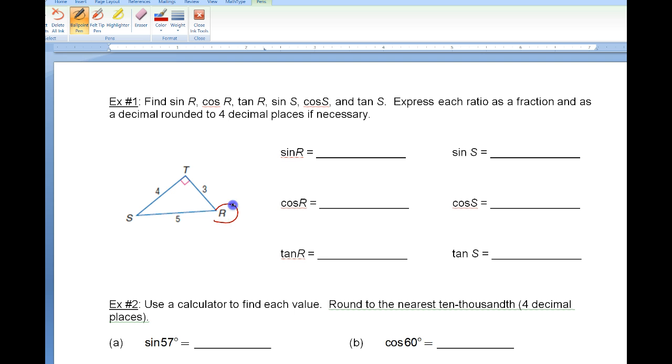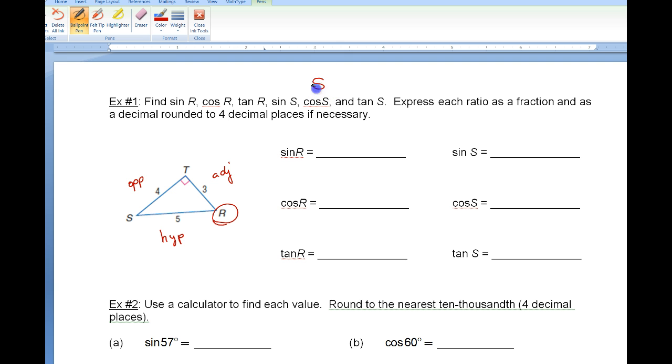Sometimes I'll just circle the angle so I know that's the one I'm looking at, although be careful because I'm going to end up erasing, and then I'm going to look at s because it's going to change. So for r, which one is opposite, which one is adjacent, and which one is hypotenuse? The hypotenuse is the easier one, right? So, Shira? 4 is opposite, 5 is... Good.